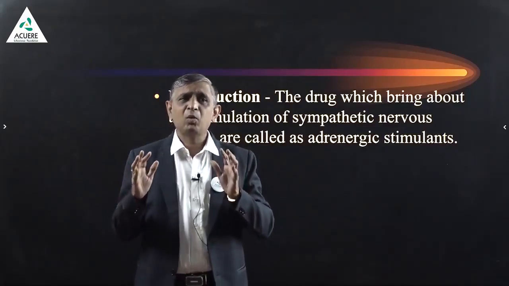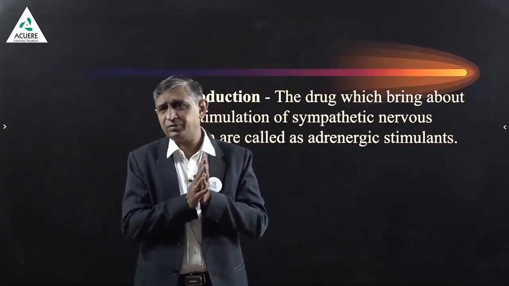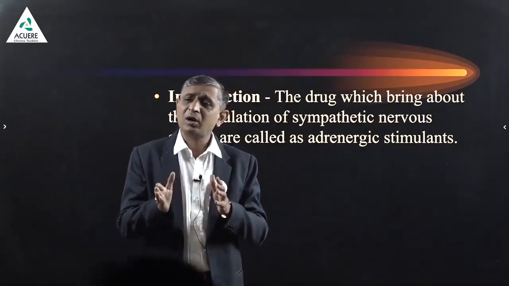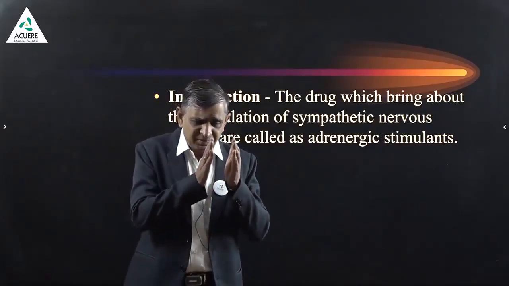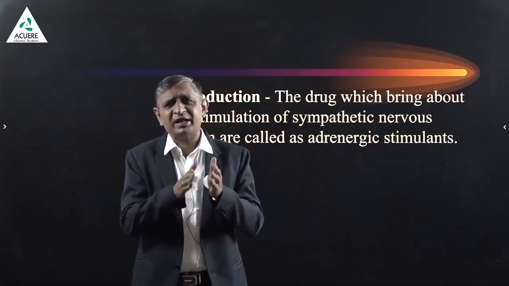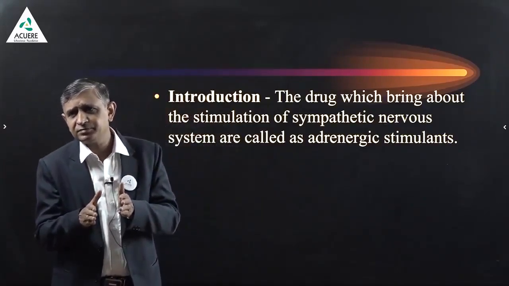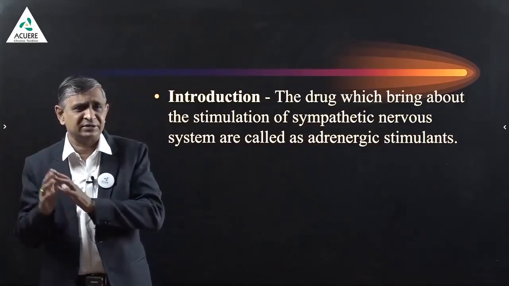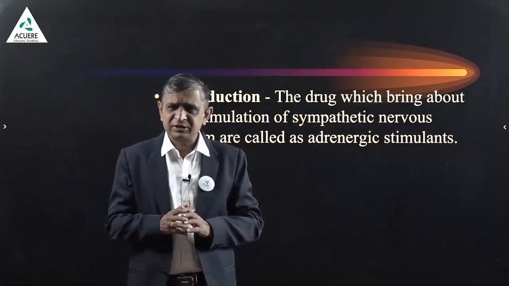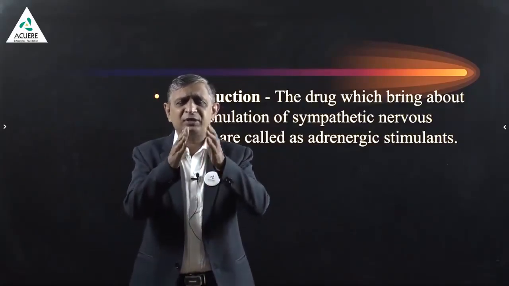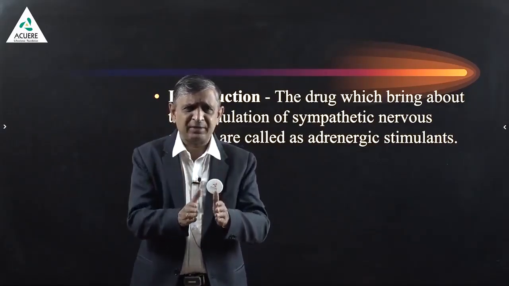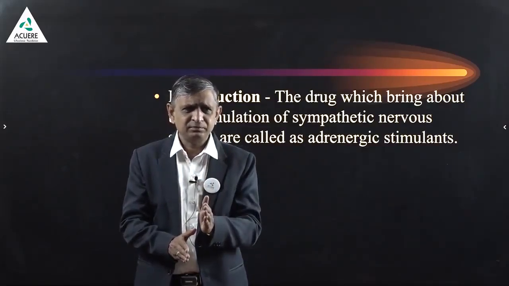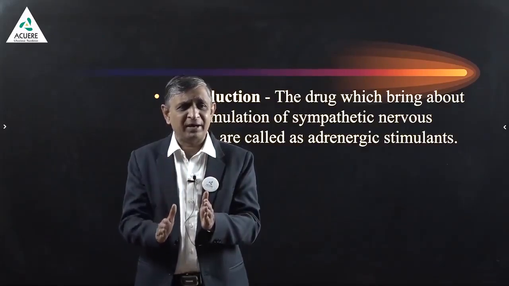Yes. Now, one very fundamental thing I must tell you: the sympathetic nervous system is also known by the name adrenergic nervous system. The parasympathetic nervous system is also known by the name cholinergic nervous system. The system which is developed out of the chain of ganglia running parallel to the spinal cord is known as the sympathetic nervous system, also known as the adrenergic nervous system.